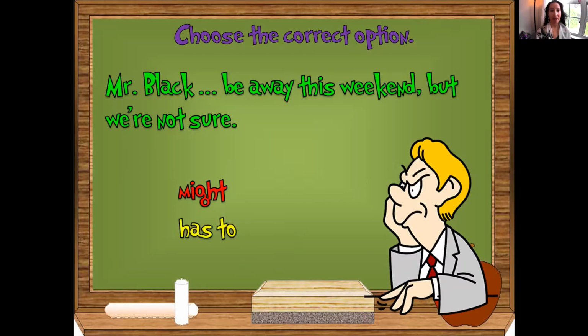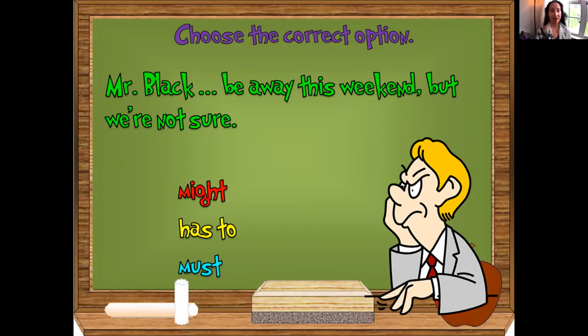Mr. Black blank be away this weekend, but we're not sure. Now remember, here's another contraction. What does this mean? We are or we're. Mr. Black might be away this weekend, but we're not sure. Mr. Black has to be away this weekend, but we're not sure. Mr. Black must be away this weekend, but we are not sure.